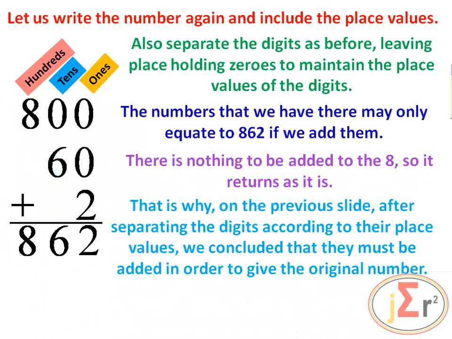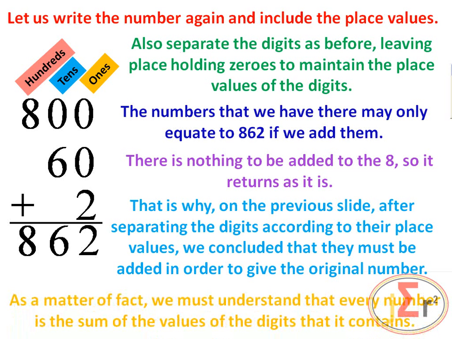That is why on the previous slide, after separating the digits according to their place values, we concluded that they must be added in order to give the original number. Is that right? Yes. As a matter of fact, we must understand that every number is the sum of the values of the digits that it contains.